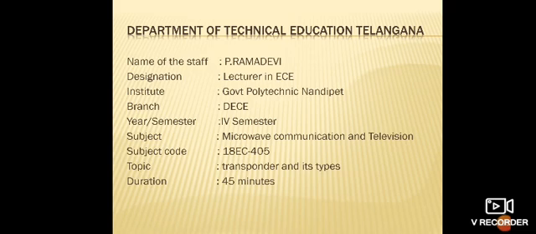Initially, in satellites we have the uplink frequency and the downlink frequency. So in satellites we use transponders in order to do the frequency translation.